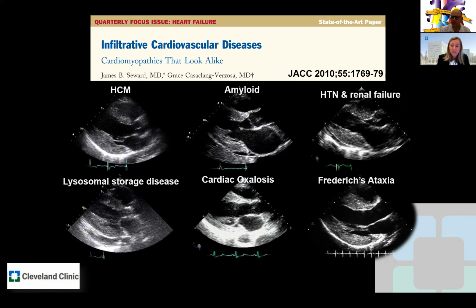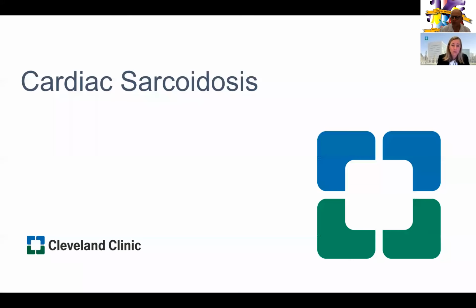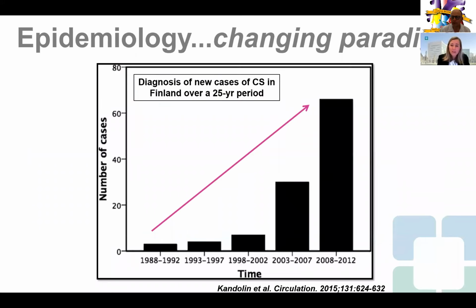They can all have a similar appearance on echo. And today we're going to focus our talk on cardiac sarcoidosis, which I would include in this group. And I think the utility of MRI for tissue characterization is really important, particularly in this condition and many others that I've described here.